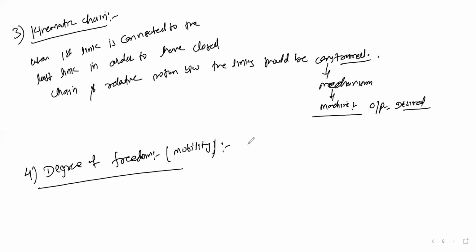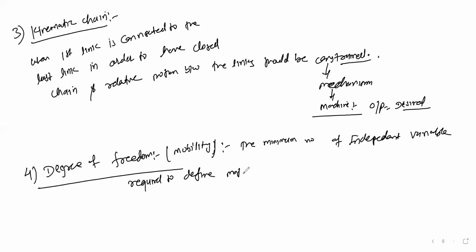The definition is the minimum number of independent variables required to define the position and motion of the system is known as degree of freedom.